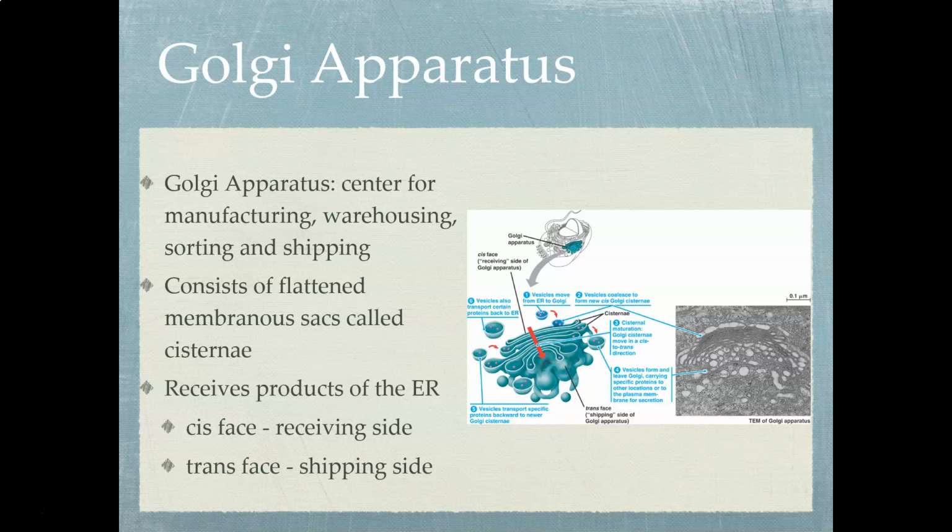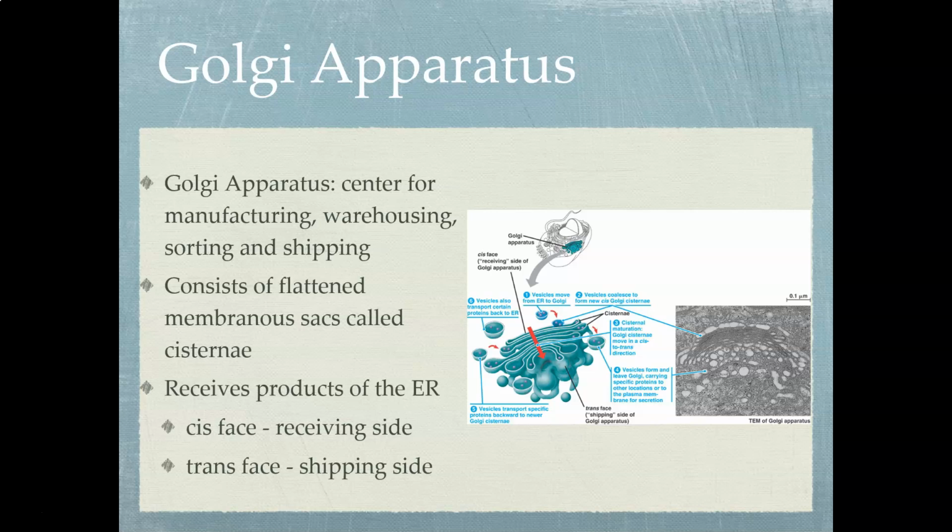One of the things that may occur is just some additional manufacturing, additional editing to the proteins. So they may add things to them, they may remove some pieces from them, they may help in adjusting the folding of it. They sort of finalize the product, they clean it up. That's one potential part of what the Golgi do.